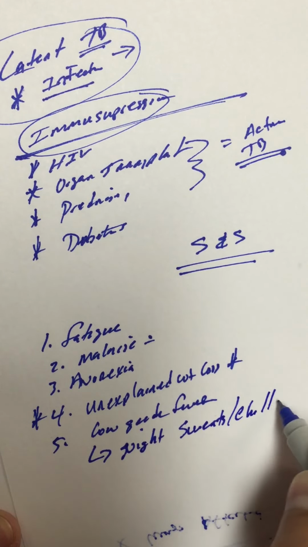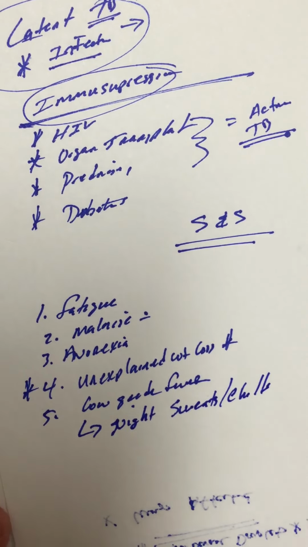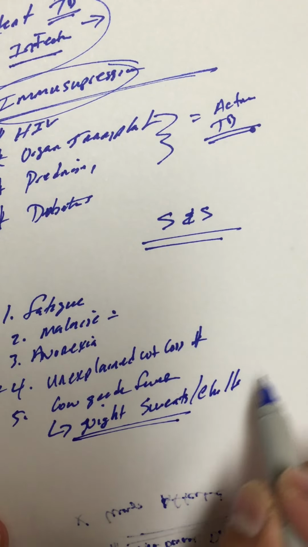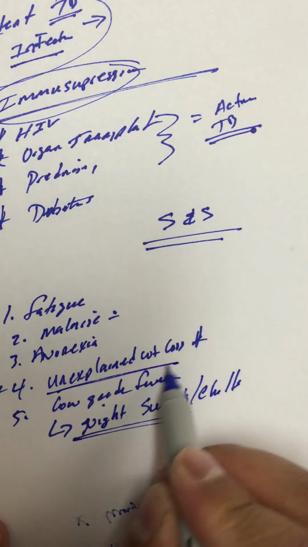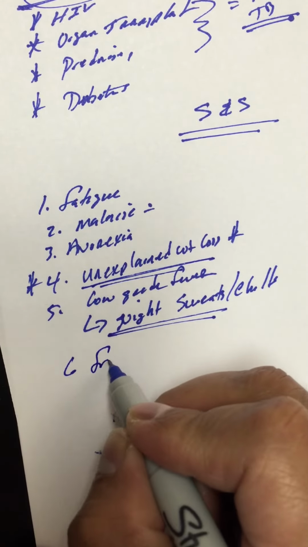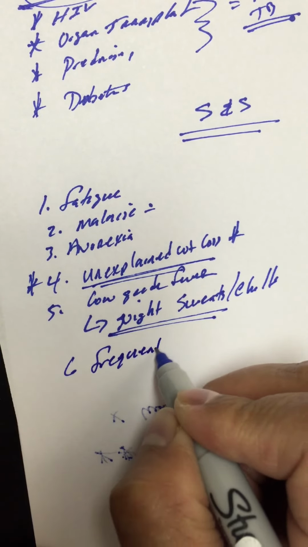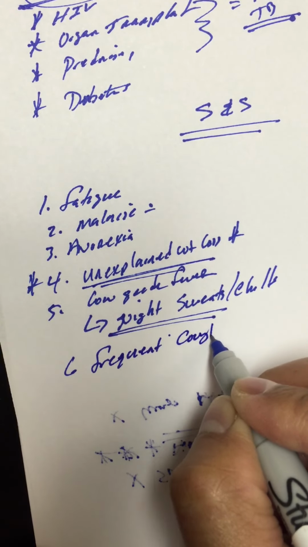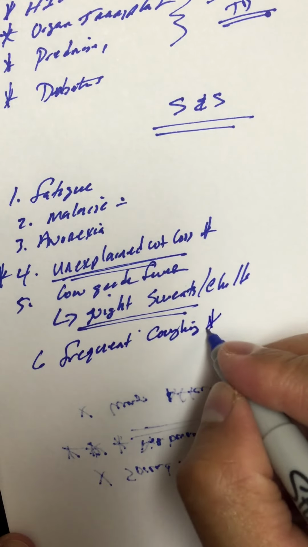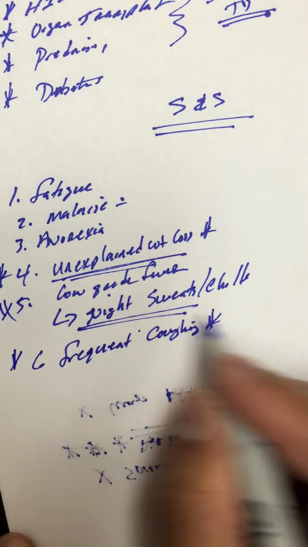And chills. So if this patient is complaining of recurrent fevers and night sweats, along with unexplained weight loss and frequent coughing, that should be a big trigger in your mind. Maybe it's TB.